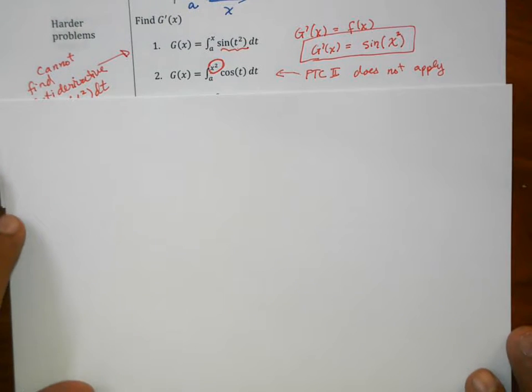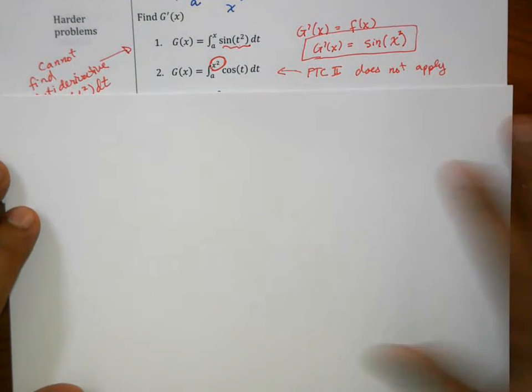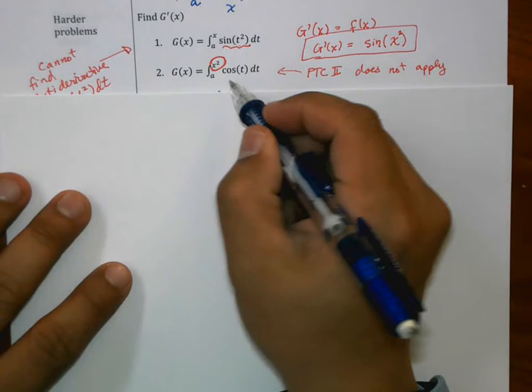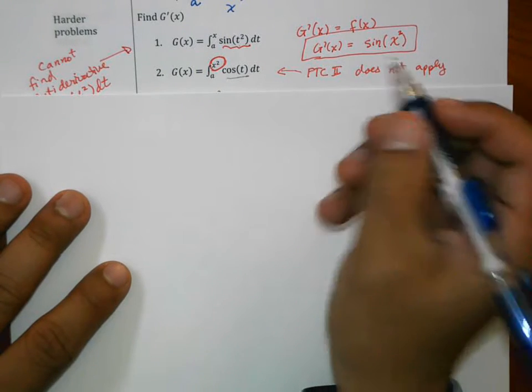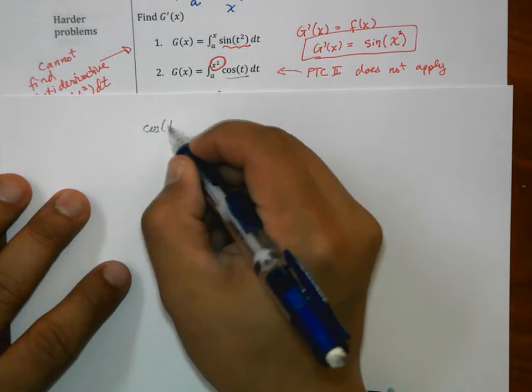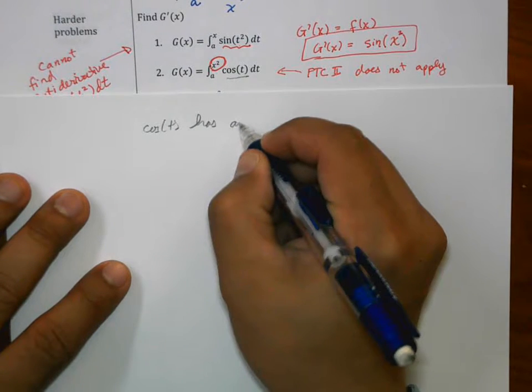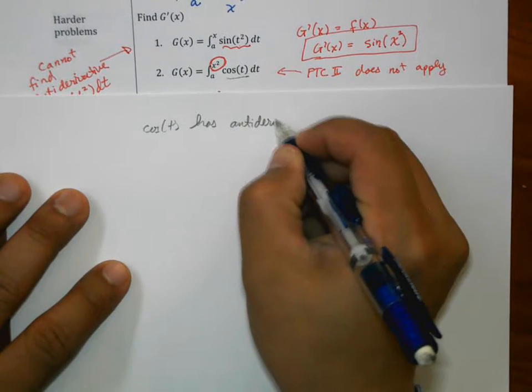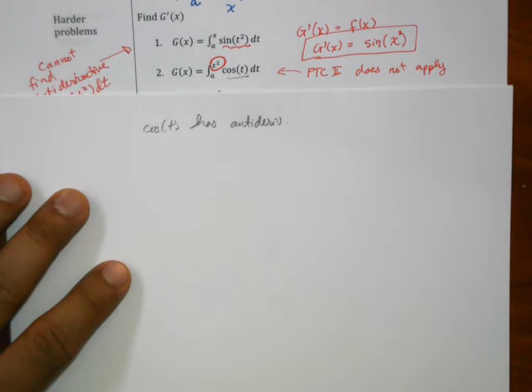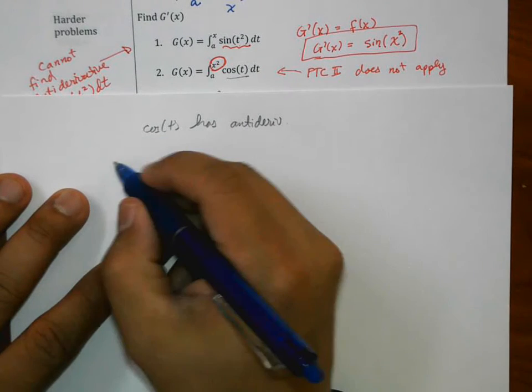So to get more creative, quote unquote, is actually not creative at all. Cosine of t here actually does have an antiderivative. So we can use that fact to help us.